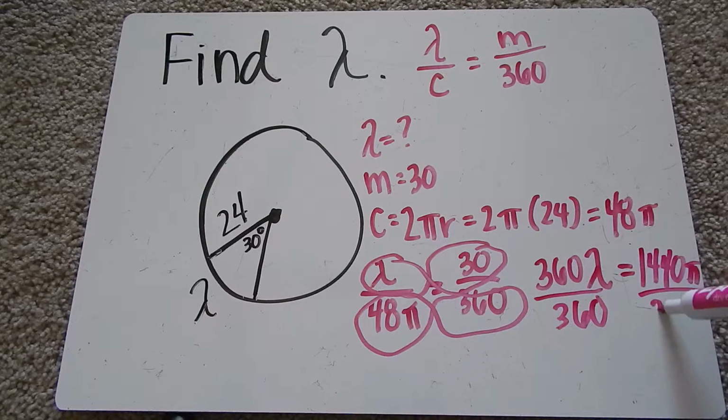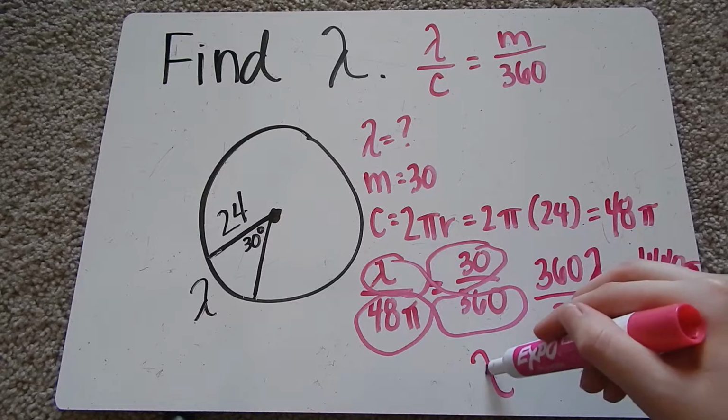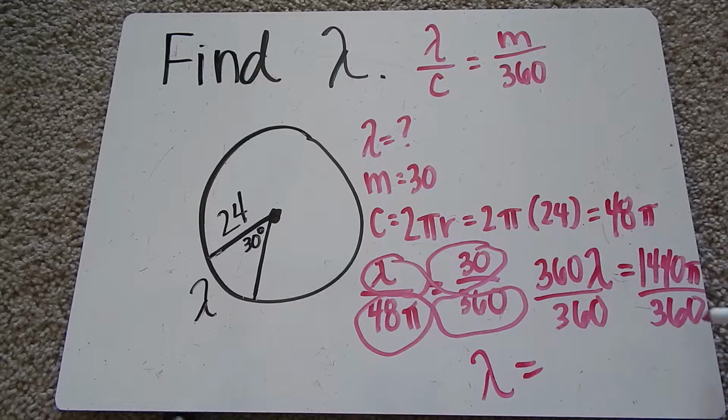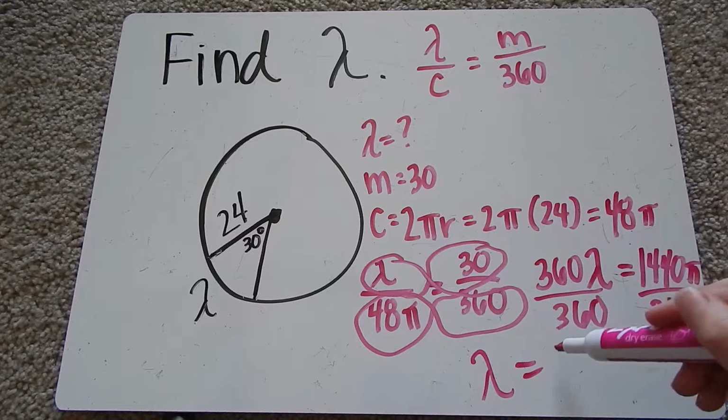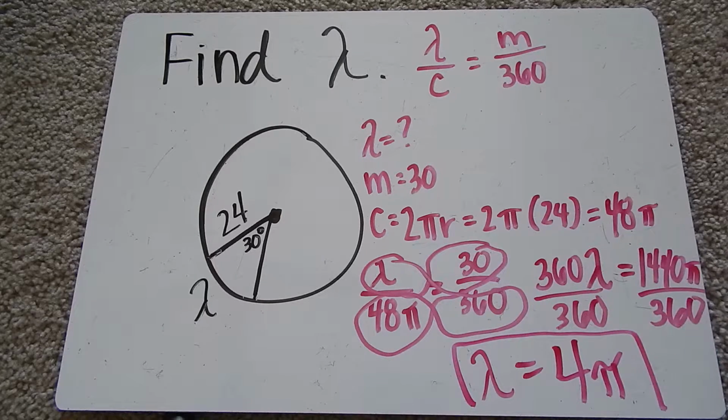So divide both sides by 360. If you notice when I divide by 360, nothing happens to this pi, it just stays there. So we get lambda equals, just divide the numbers here, 4 pi. And that would be our answer. Lambda equals 4 pi.